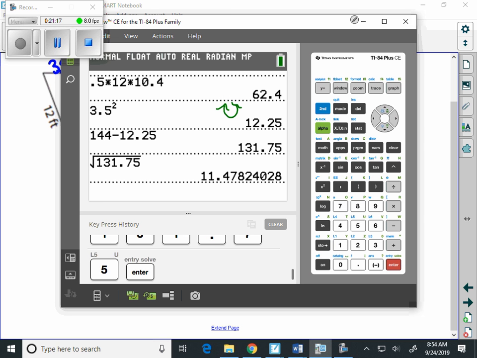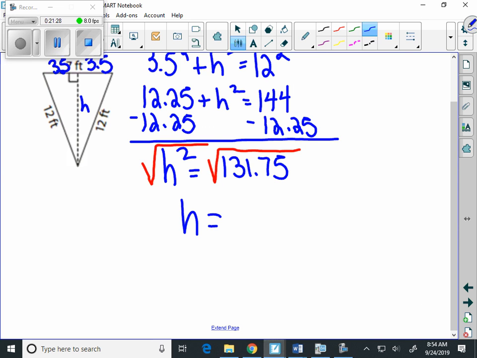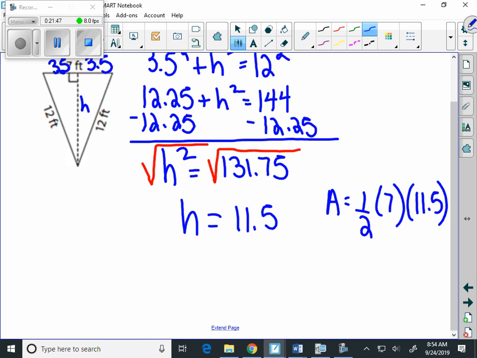This is 11.47. And when we're looking here, we're looking at the 7 to determine what to do to the 4. And we're going to round it up because 7 is 5 or higher, so we're going to get 11.5 for our height. And then we can finish finding the area. So the area equals 1/2 of the base, the whole base, times the 11.5. Type it in.